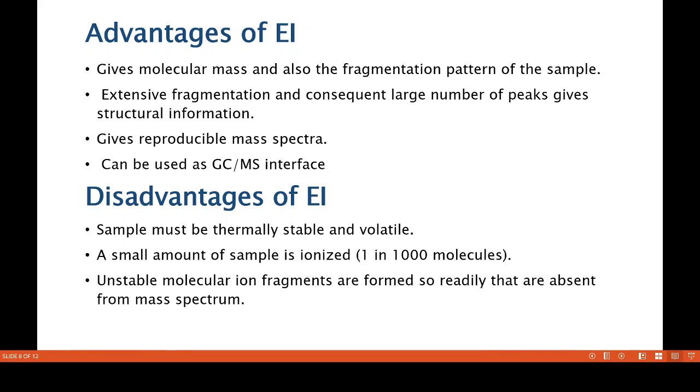Hence, the disadvantage is that unstable molecular ion fragments are not detected in the mass spectrum. This is the advantages and disadvantages of electron ionization. So with this, we finish the electron ionization technique.